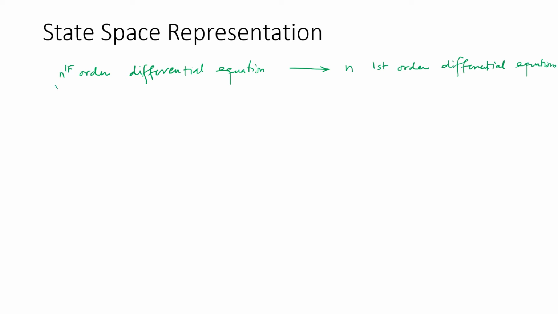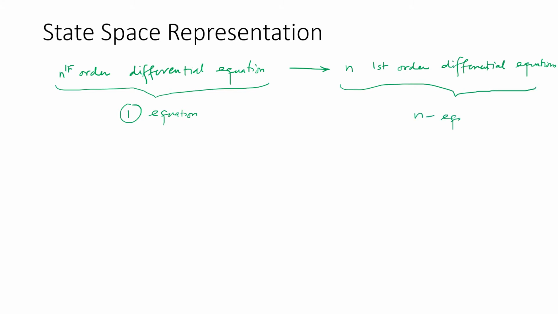So in that sense, you have generally a single equation on this side that is transformed into n equations. How we are going to do that, that is the discussion that we will complete today.